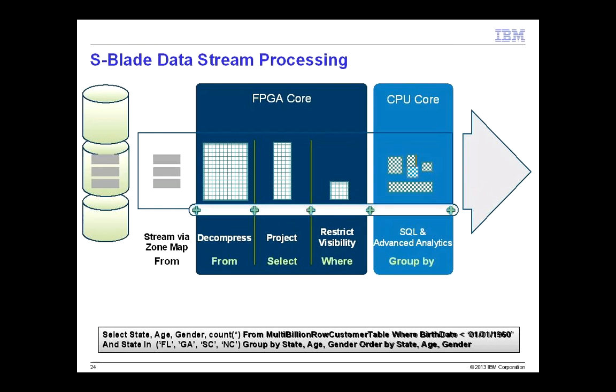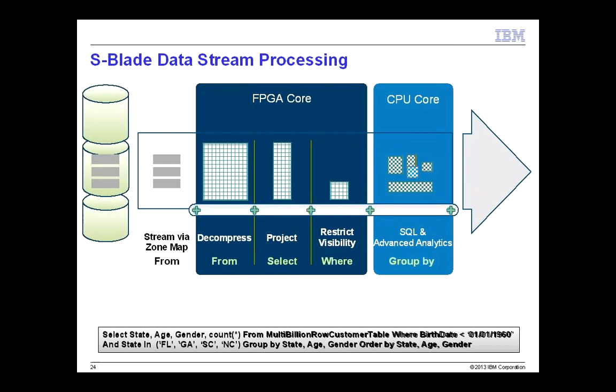It maintains visibility in such a way that even though data will come all the way to this stage, there is a special handling saying that if this data is not committed yet, please do not move this data to the next step, right? Which is basically handing over to the CPU core for the aggregation and group by. So it gives you only the data which satisfies my criteria.